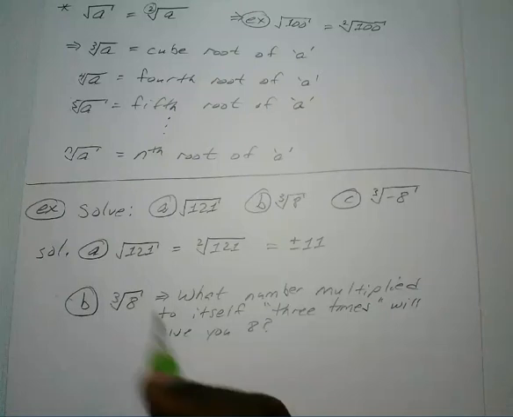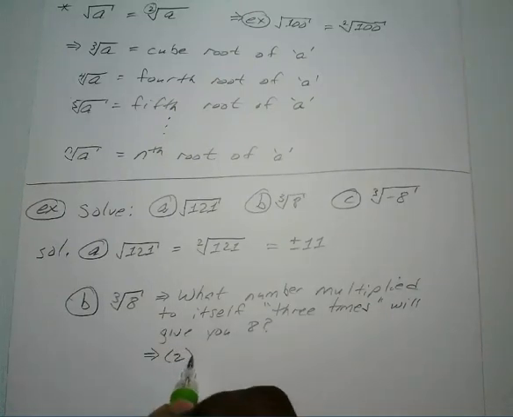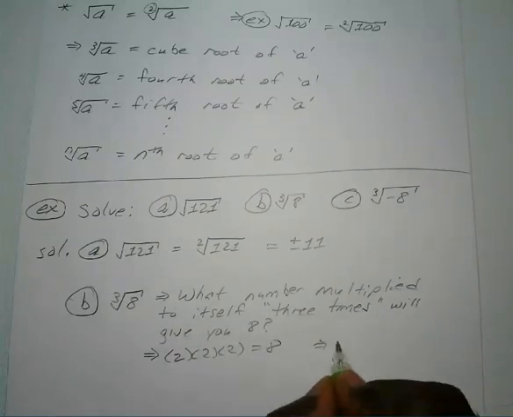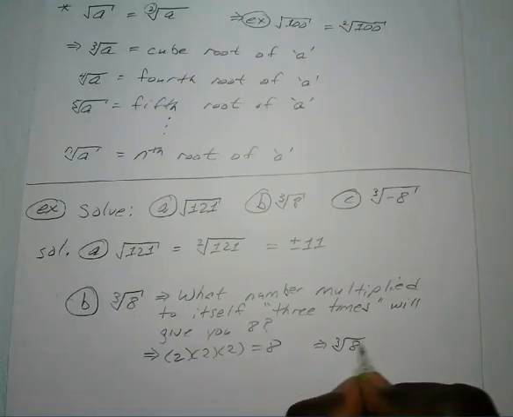Now since we know that 2 times 2 times 2 equals 8, that means that the cube root of 8 is equal to 2.